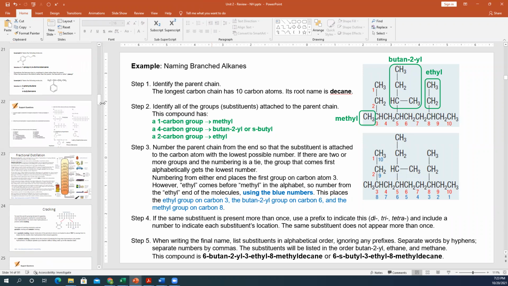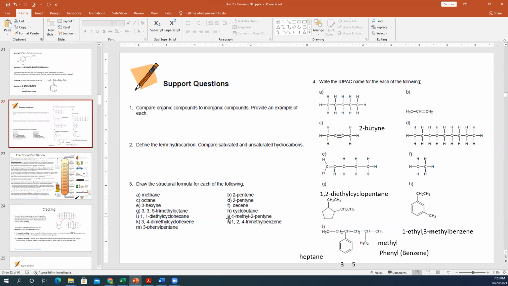Either way we count, one of them is going to be on 3, the other one's going to be on 5. Or if we count at this end, this one's going to be on 3, this one's going to be 5. So we can't improve our 3 and 5 number.